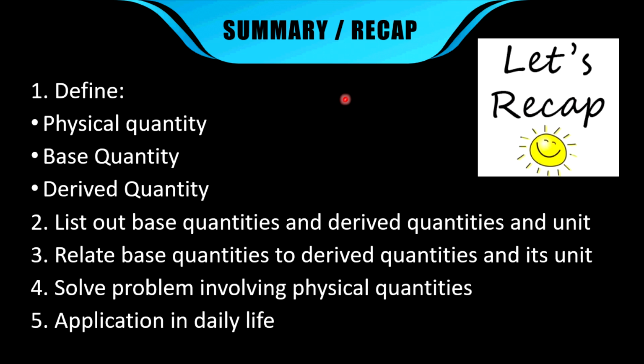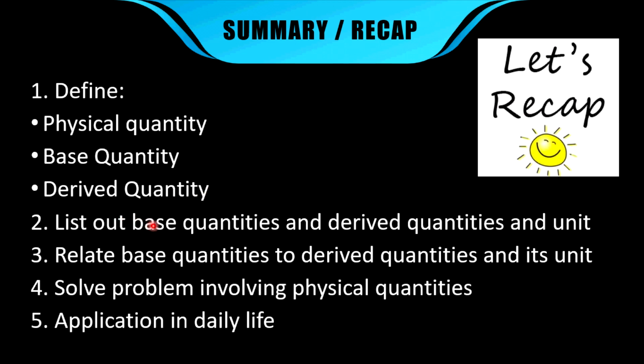Okay, summary, let us recap. Hopefully, you can define physical quantity, base quantity, derived quantity. Remember, physical quantities are quantities that can be measured. Base quantities are quantities that cannot be derived from other physical quantities. Derived quantities are quantities that can be derived from base quantities by multiplication, division, or both.